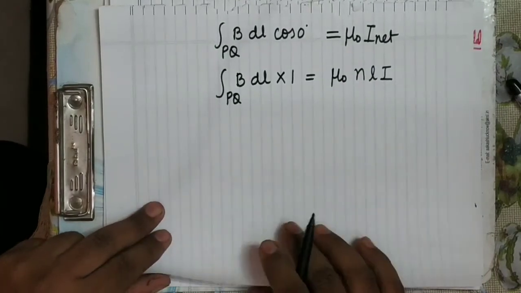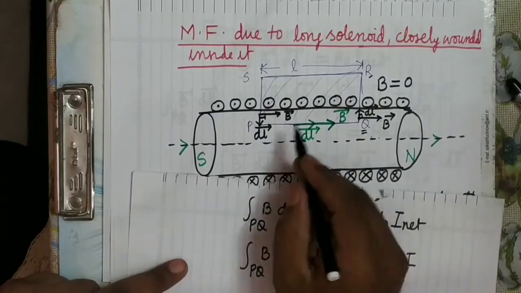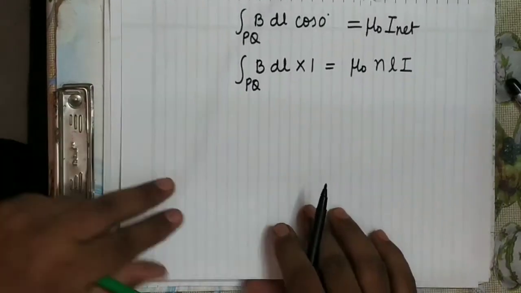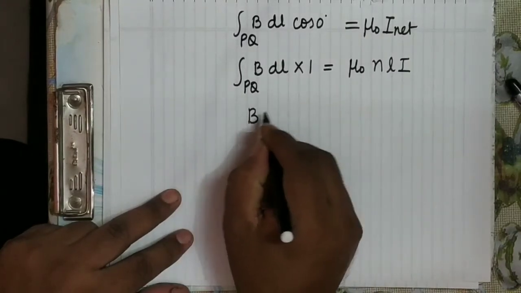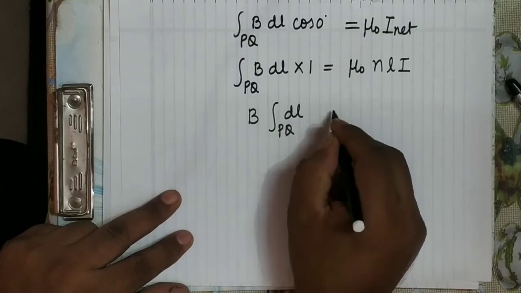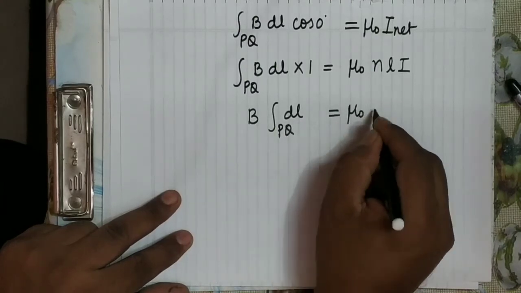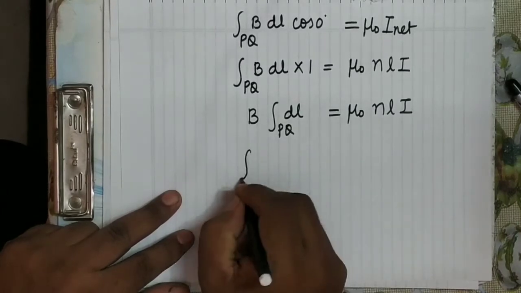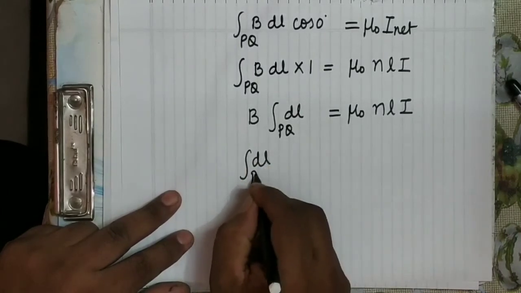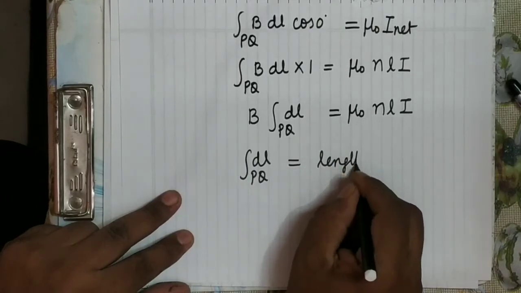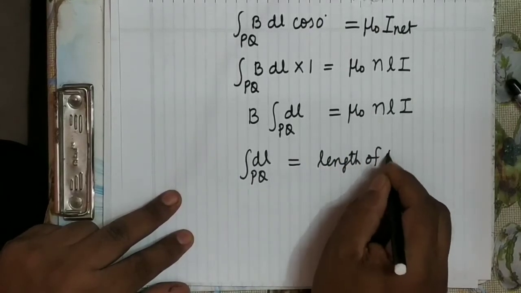Now since B is the same at every point, whether you take here or here or here, therefore B we can take out common. Integral dl over PQ equals mu naught n L I. What will be integral dl over PQ? It will be equal to the length of PQ. Why?